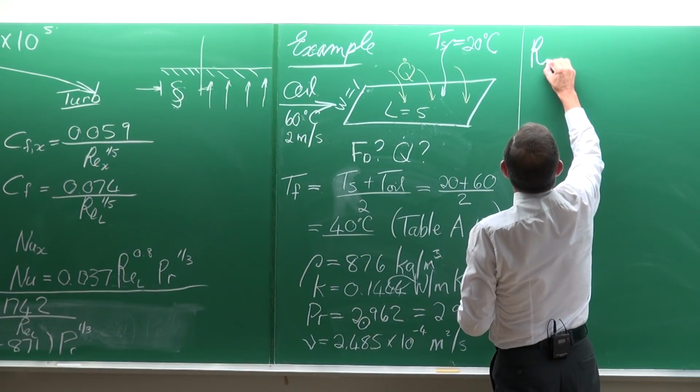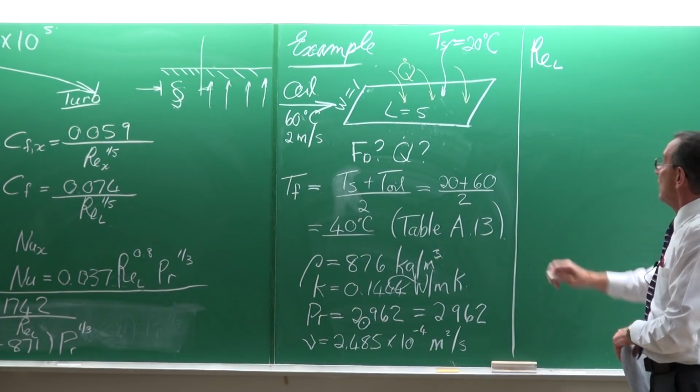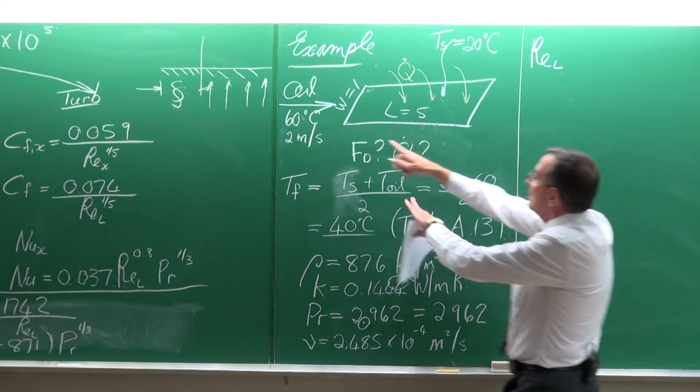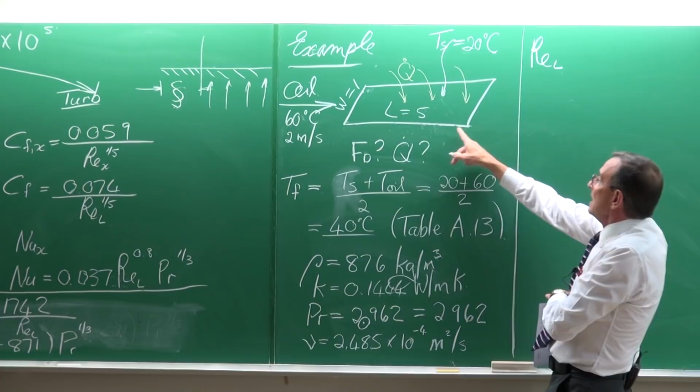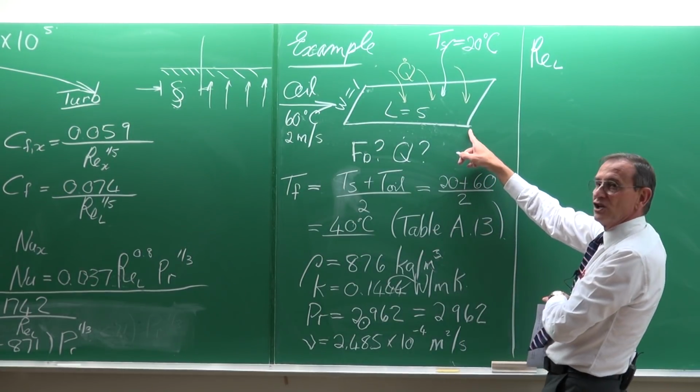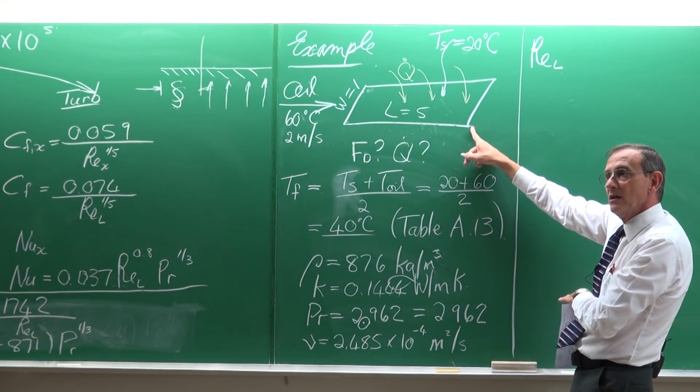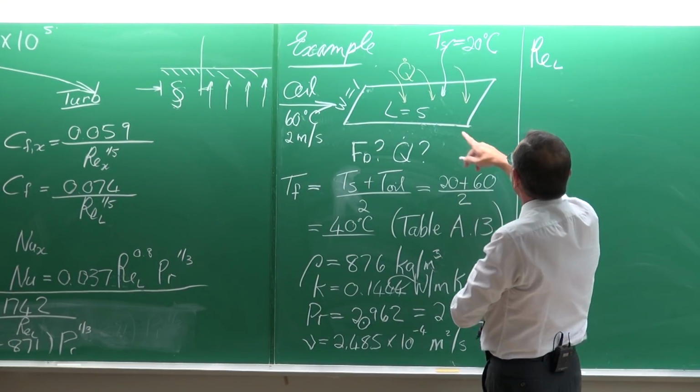Let's start by calculating the Reynolds number over the length L. The Reynolds number here at the leading edge will be 0, and it will increase in this direction. So the maximum Reynolds number is here at the end of the plate.